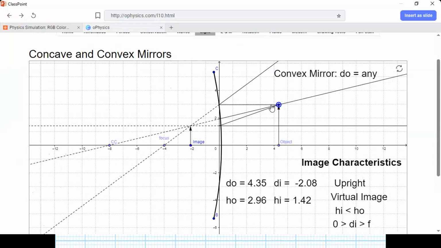If you extend the incident light and it passes from the center of curvature, the reflected one passes from the center of curvature as well. Let's say this was rule number 1, this is number 2. If you extend the incident light and it passes from the focal point, the reflected light will be parallel.